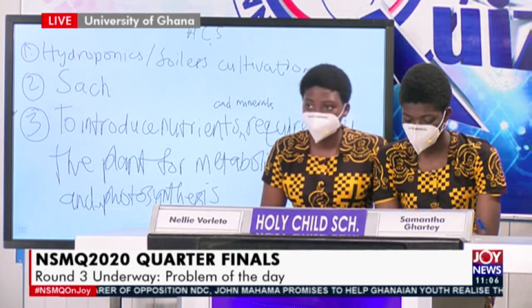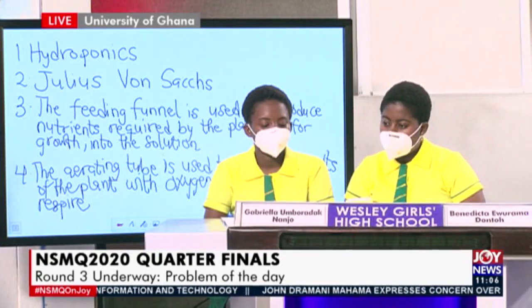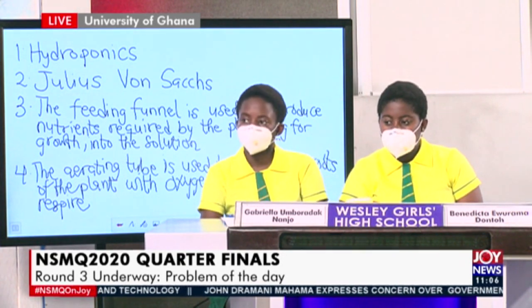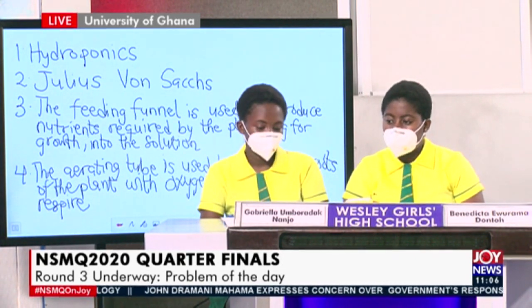Then you have this tube labeled feeding funnel inserted into it, and an aerating tube that is also inserted in there. The fluid is known as a nutrient solution. There's a cotton bud somewhere around the stem of the plant, and the twig has leaves on the outside. Okay, so that's what the diagram looks like.